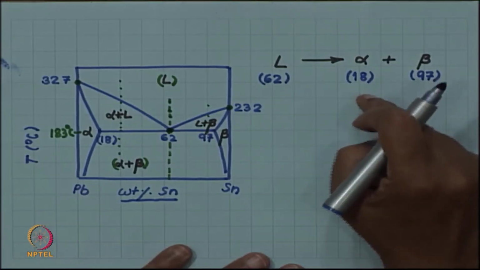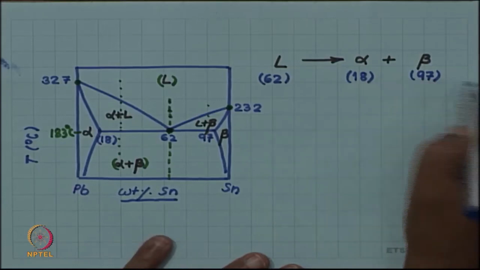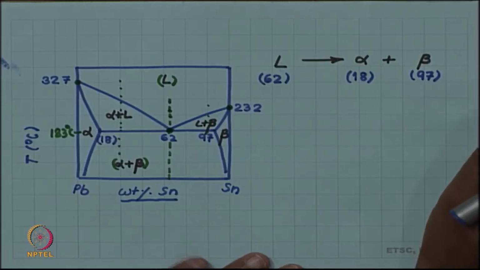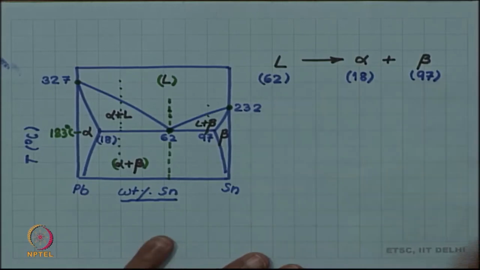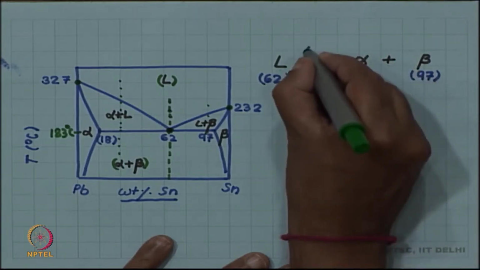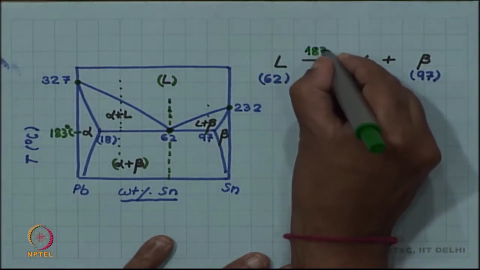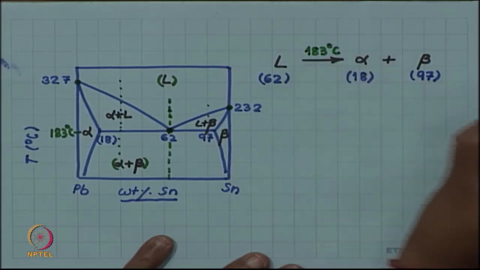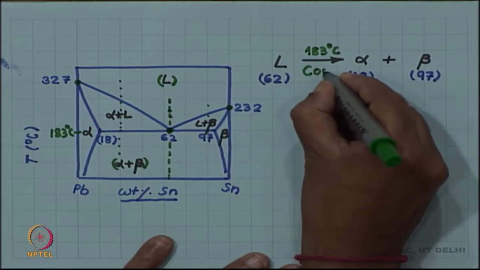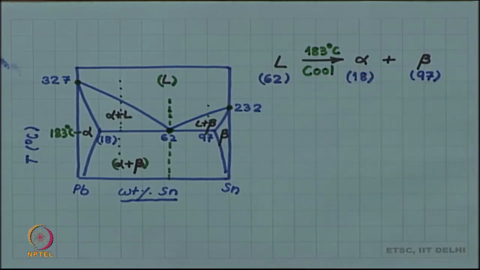Alpha is pure lead, but with a significant fraction 18% of tin in it, and this reaction is happening at 183 degrees Celsius. So, I write this over arrow, and the direction of the arrow is cooling. The reaction will happen if you cool the liquid.